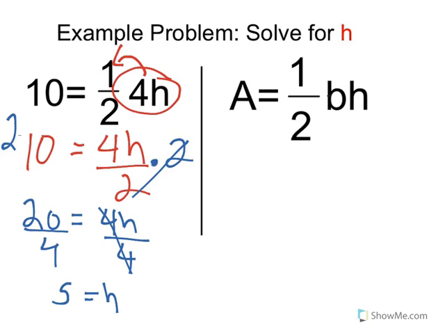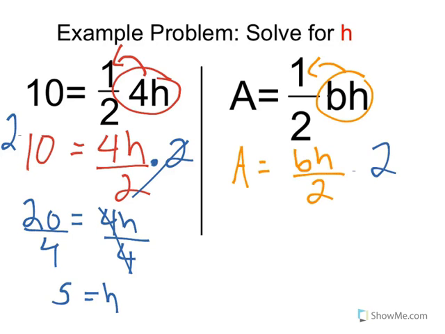So let's look at that same idea, but with more than one variable. Over here, I have a is equal to b times h divided by 2. Once again, I just move this part up to the top. I want to get rid of the divide by 2, or undo it. So we're going to do the same step that we did before, multiply both sides by 2. That's going to cancel out. I'm going to do it over here.